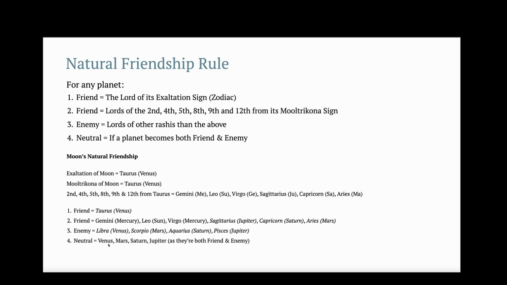So Venus, Mars, Saturn, and Jupiter become neutral because they are both friend and enemy. So for Moon, as you can see, there aren't any enemies because these 4 planets become neutral, so there aren't any enemies for Moon.